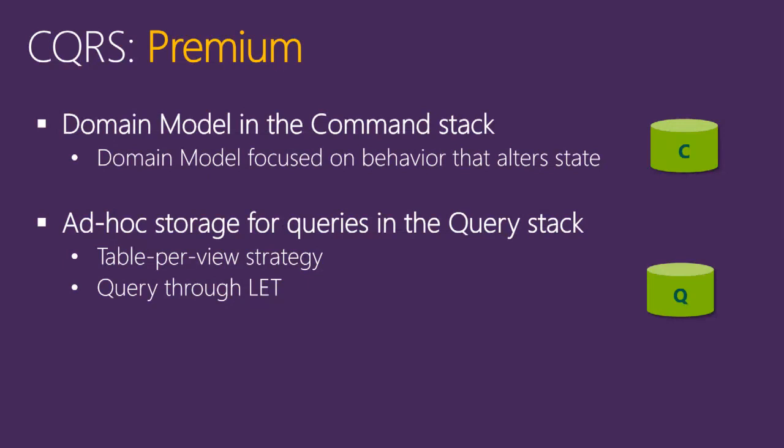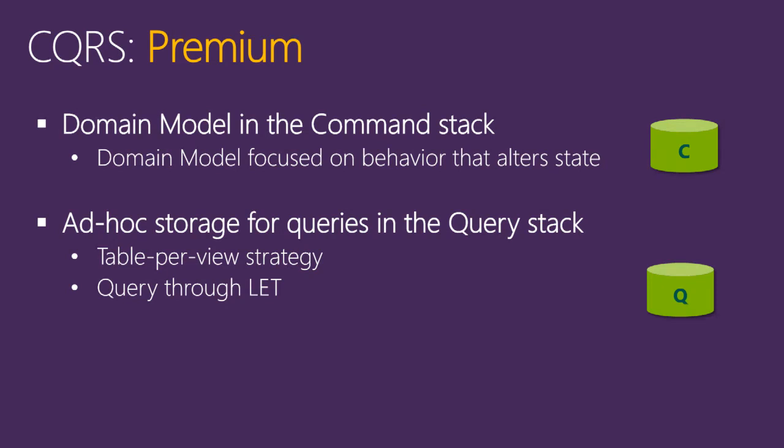On the query stack, that's interesting. Things change now if we assume we have a separate database, because the business logic that helps prepare the persistence model to look exactly like what we expect to have in the views can be solved using a table per view strategy, which means that the Q database here contains up to one table per each view, where view here just means possibly Razor view.